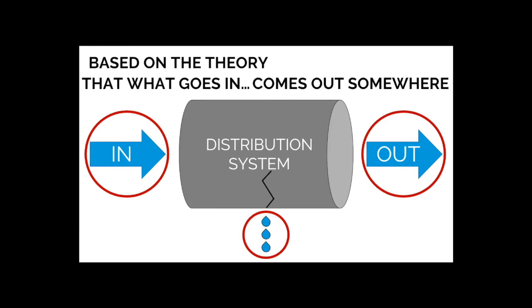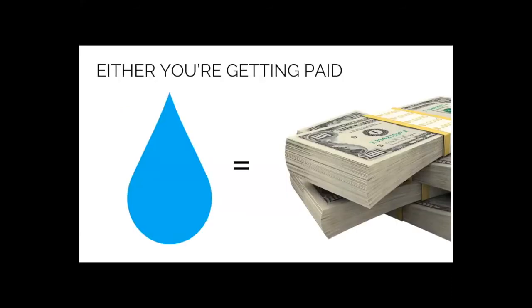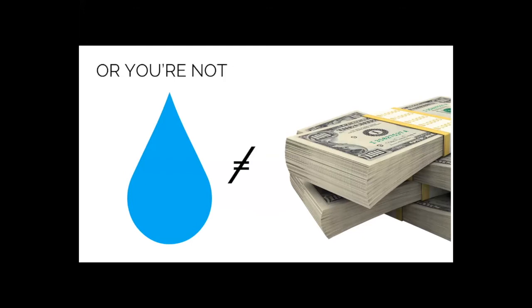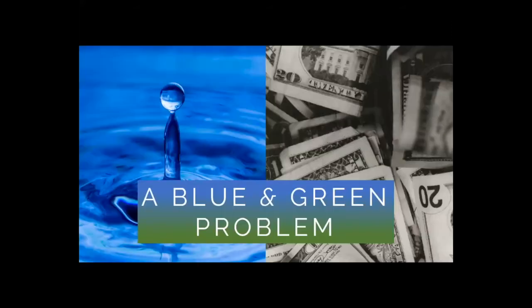The audit also takes a look at the idea of the fact that the water is either making you money, you're getting paid for it, or you're not getting paid for it. So the water audit's looking at kind of 2 different problems.